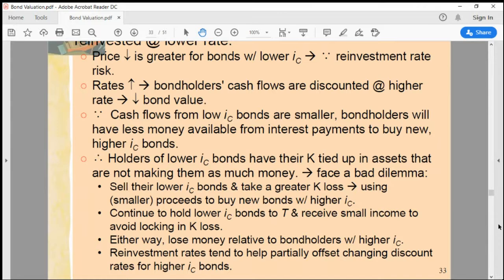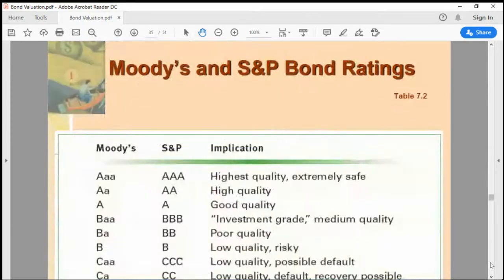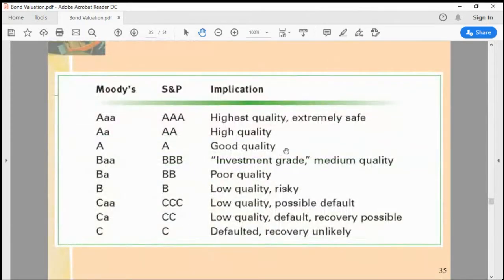and that brings us back to, right, I showed you this table before. Bonds in these lower ratings, they pay high coupon, but they are very risky.